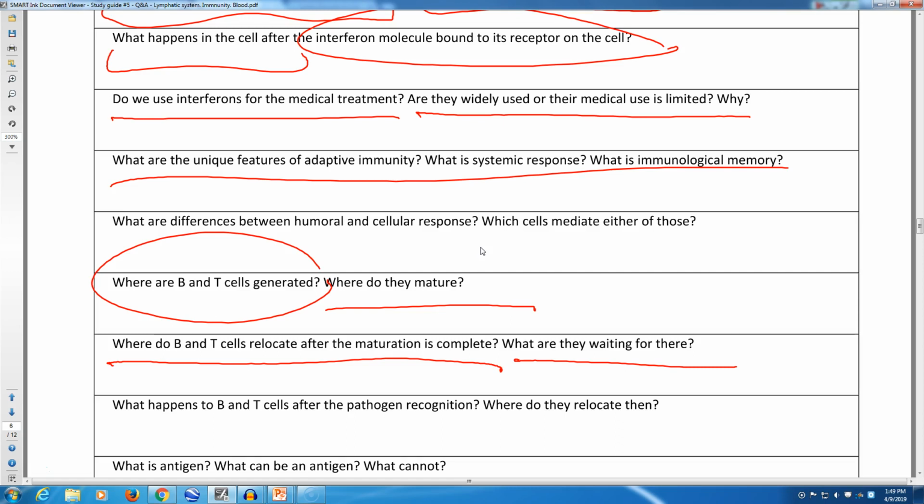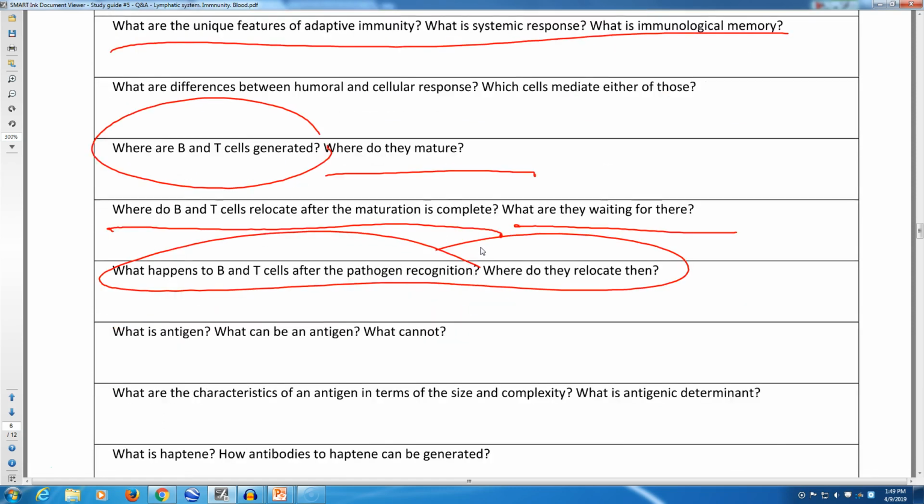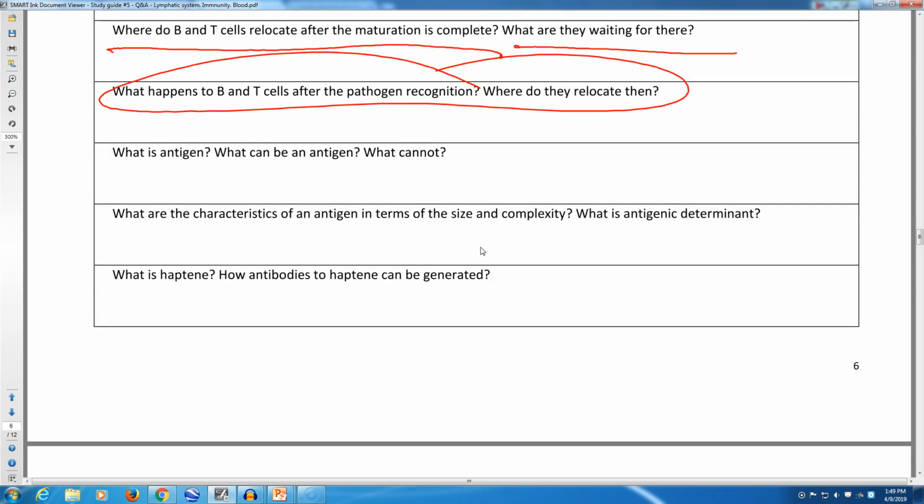Now, B and T cells, when they recognize the pathogen, relocate to the circulation and start responding. Antigen. I give you a list of molecules. You tell me which one is antigen or isn't. Antigen is a large and complex molecule.